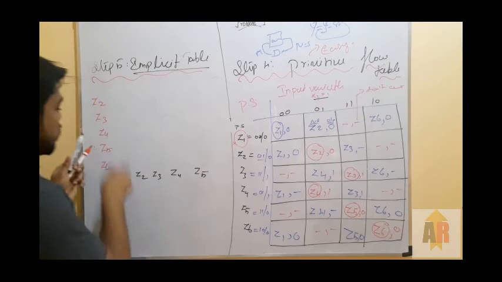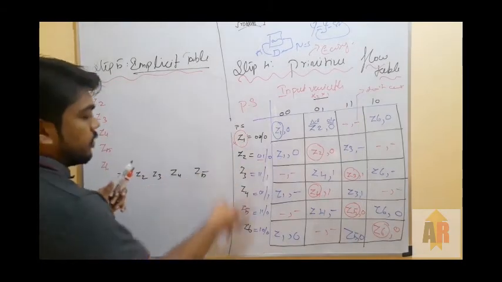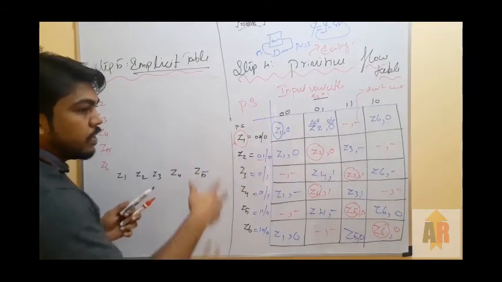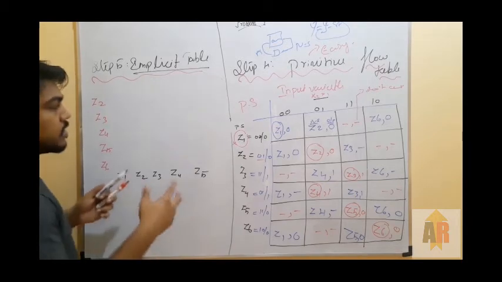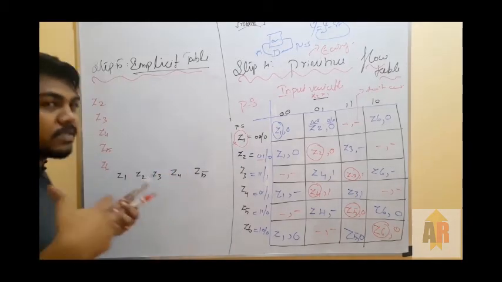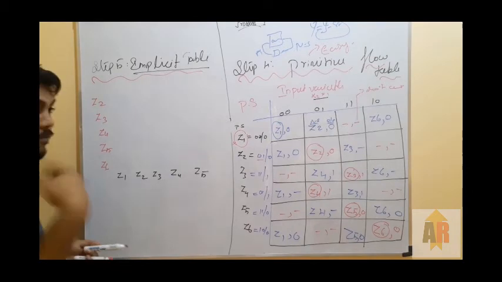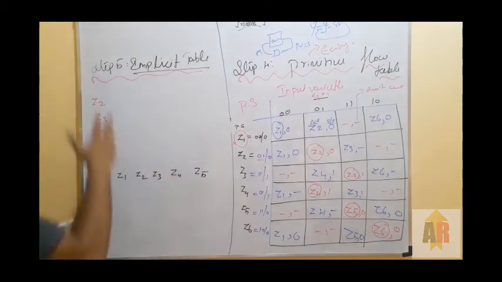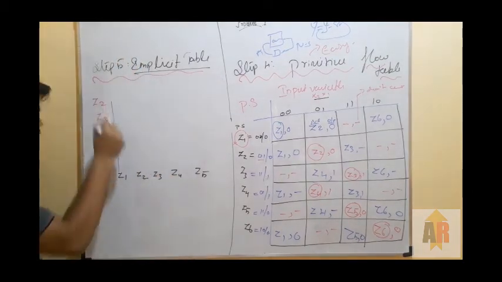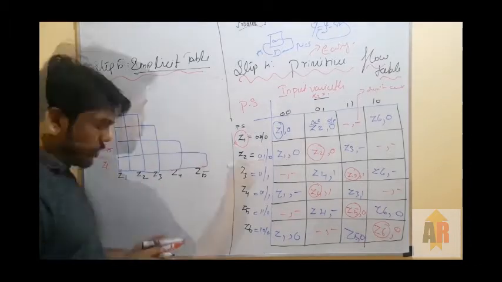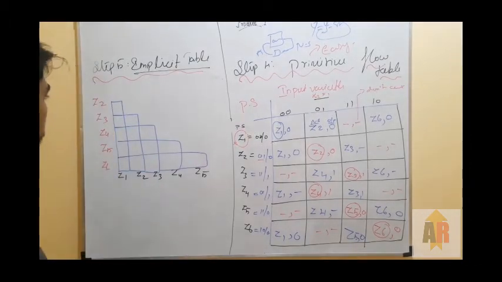Between these different states we are going to make a comparison, to check whether any common state is available or not. That's the main purpose of the implicit table. The box is like this, and how the comparison can be done, I will teach you now.